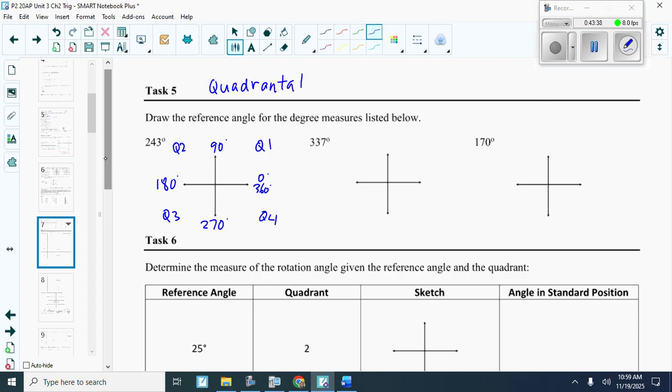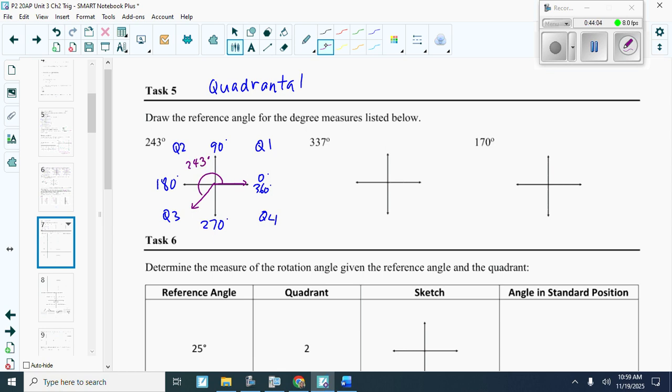If we're at 240, we're going to end up in quadrant 3. This was the initial arm, this was my terminal arm, and this showed the 243 degrees.